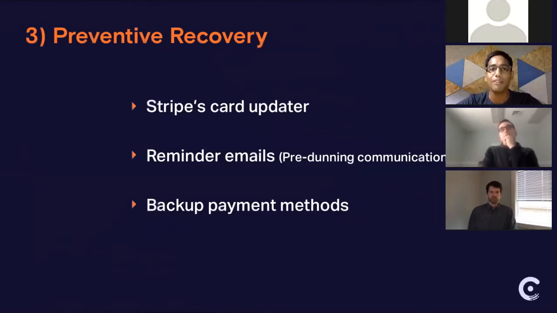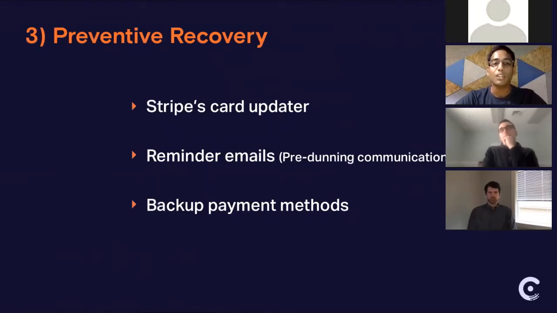Let's start with preventive recovery. I'm sure everybody listening using Stripe has Stripe's card updater running in the background, and what the card updater will do is catch cards that have expired. Stripe enables this with a tie-up with card networks like Visa, MasterCard, and Diners Club.